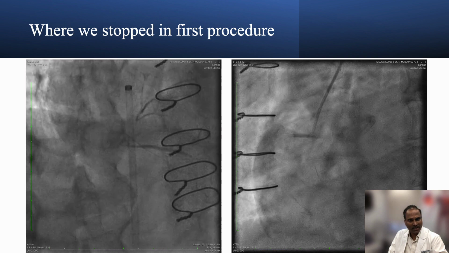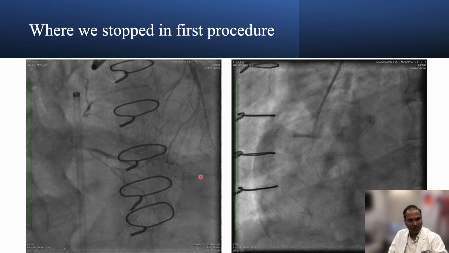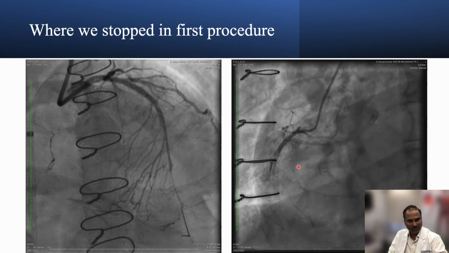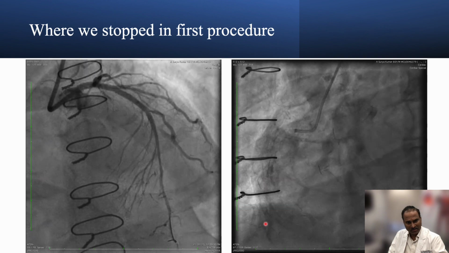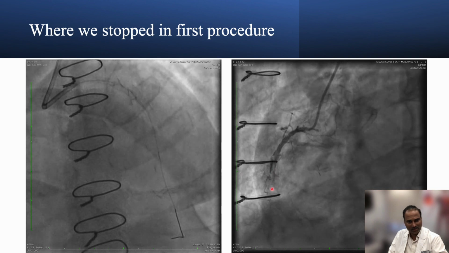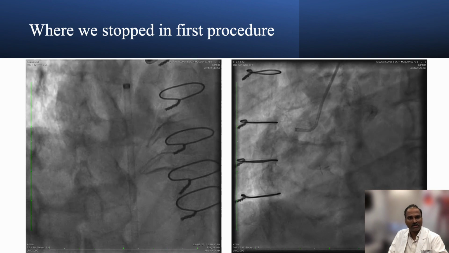We stented from the LM into the LAD across the LAD CTO, and there is good flow into the distal LAD. And this was the RCA where we left. We entered this area with the knuckling, and then we just dilated and created a space. You can see there is a little good contrast flow into the space created.